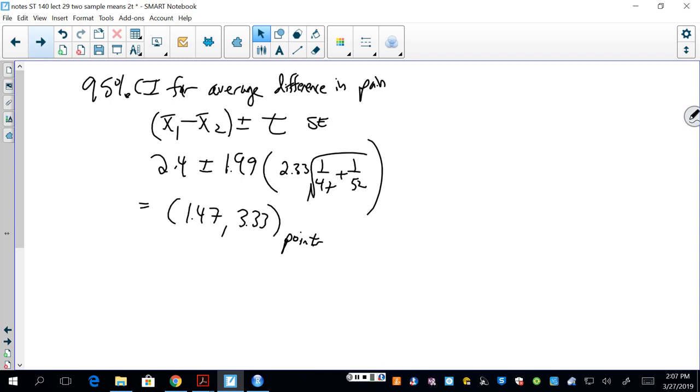If you have any questions, go ahead and write them down. Think about it. If I do a hypothesis test, what type of t value am I going to get? Is the t statistic going to be close to 0? Is it going to be large?